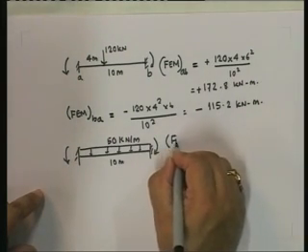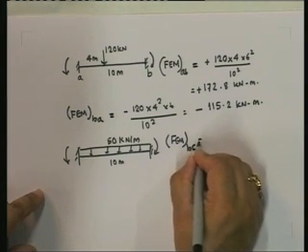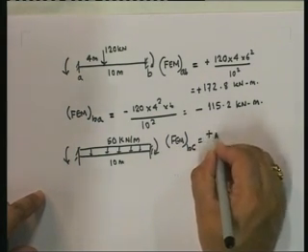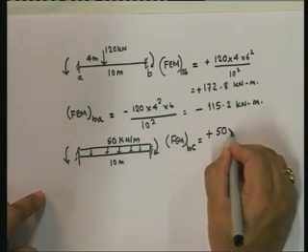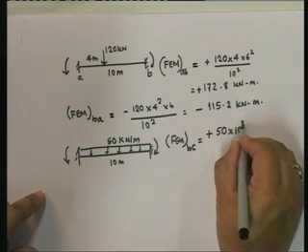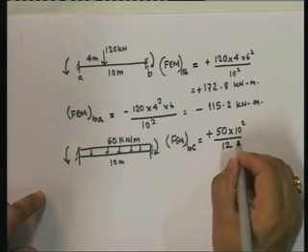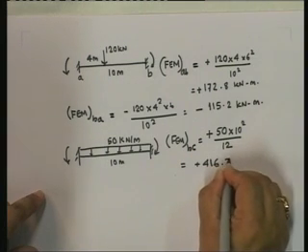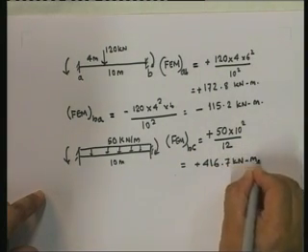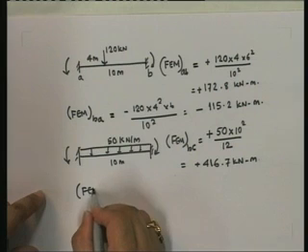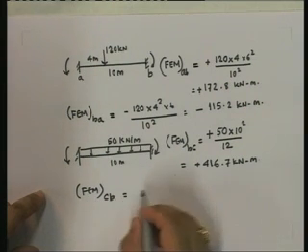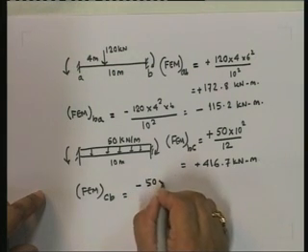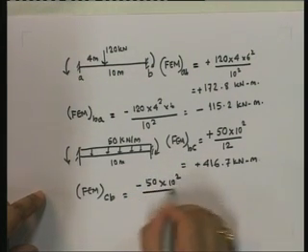So my fixed end moment at BC is equal to plus W L squared by 12, which is equal to plus 416 kilonewton meter, and fixed end moment at CB is equal to minus 50 into 10 squared.